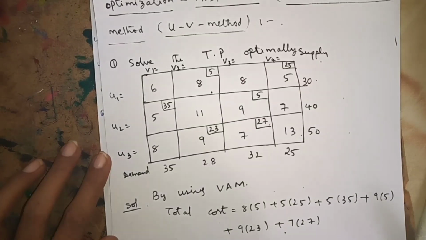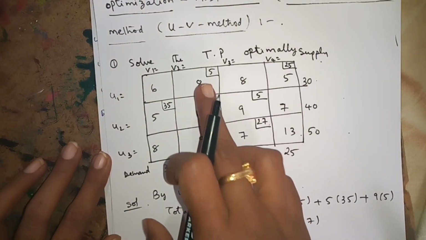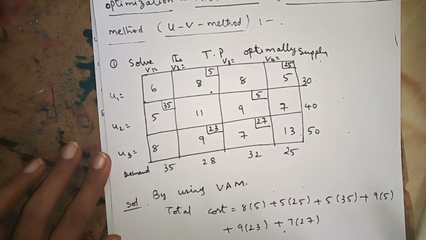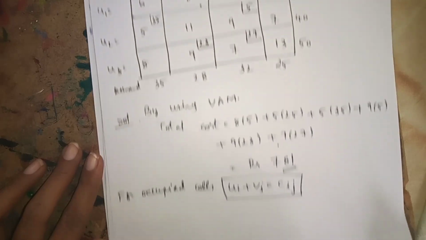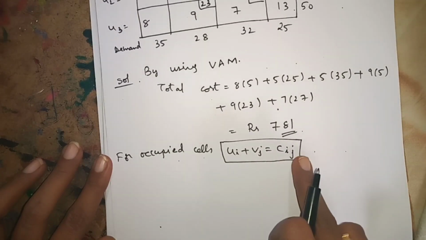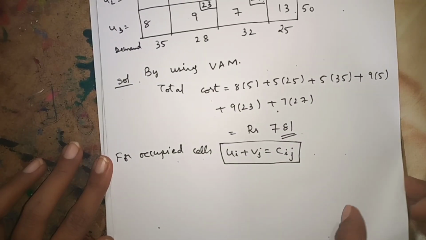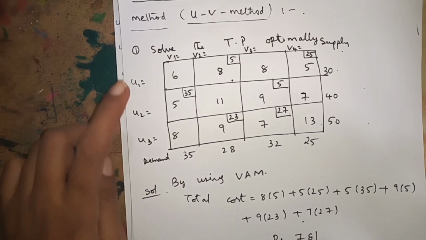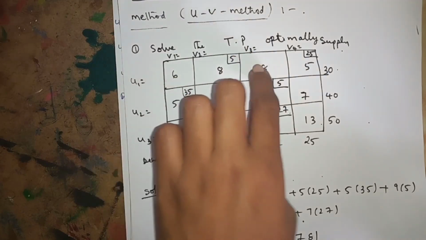How many occupied cells are there? 6 occupied cells are there. For these occupied cells, using this formula, we have to find all the U1, U2, U3, V1, V2, V3, V4 values.